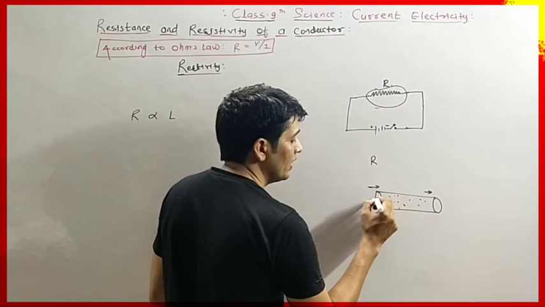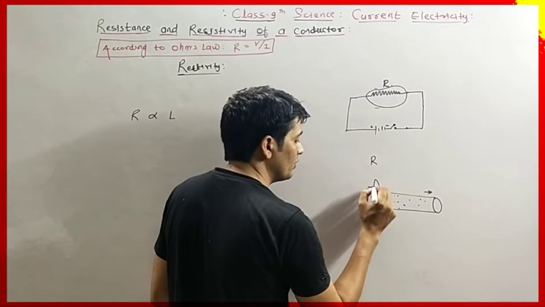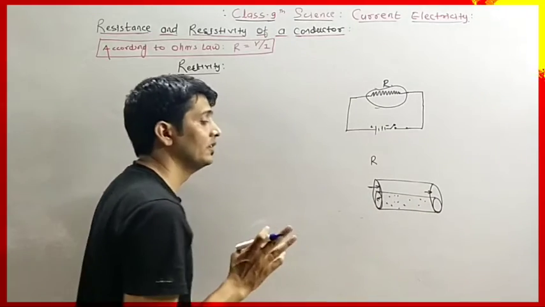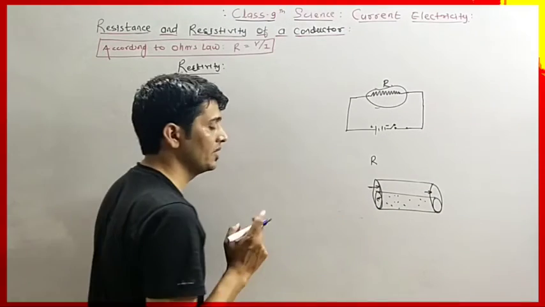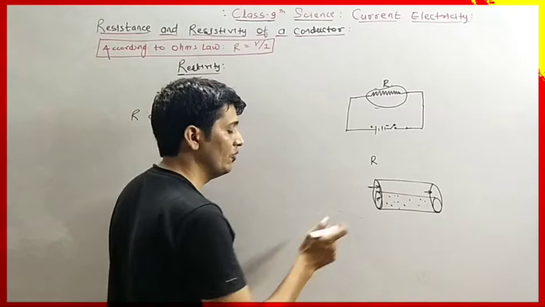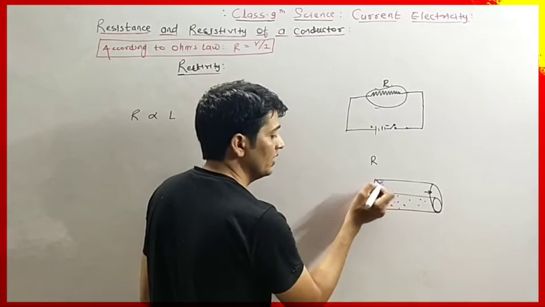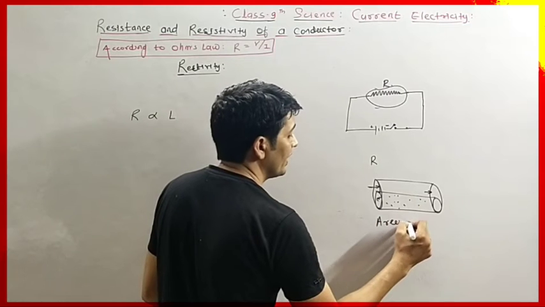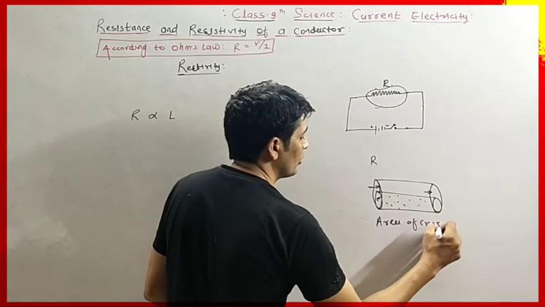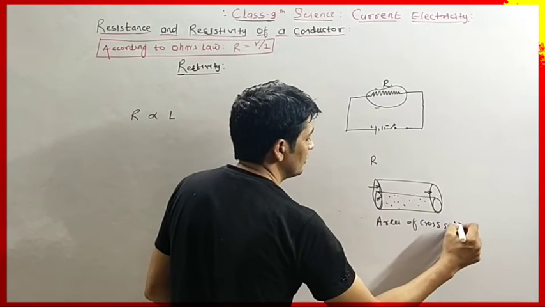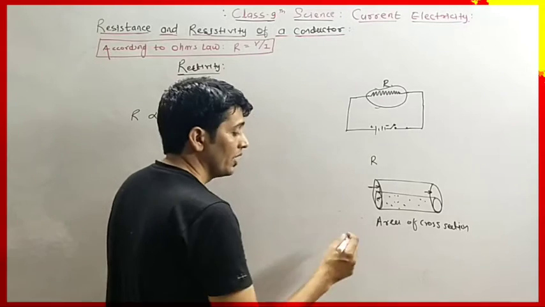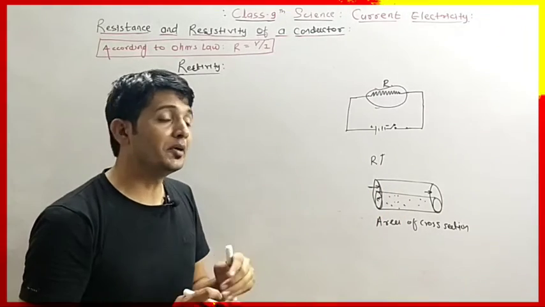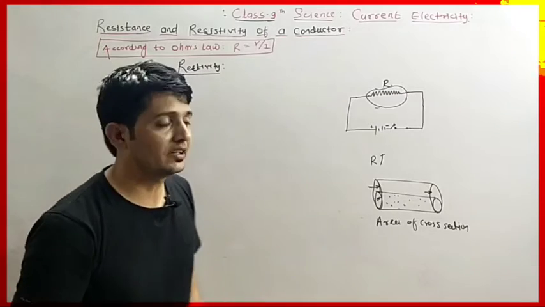Next, if we increase the diameter of the conductor, keeping the material same and length same, that is, we increase the area of cross section, then the resistance will decrease, that means more current will flow through the conductor.